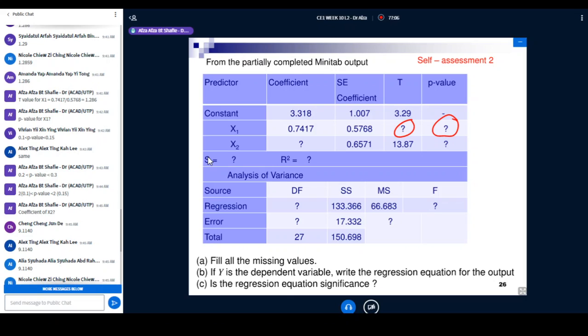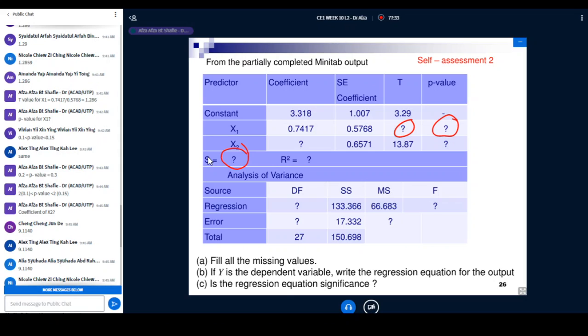What's the value of the standard error here? 0.832.